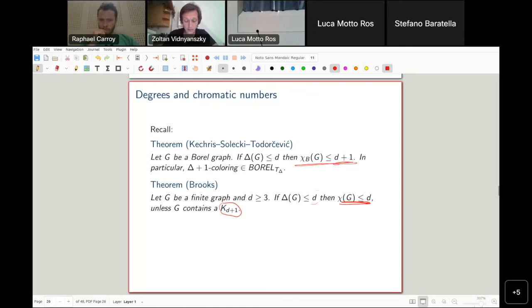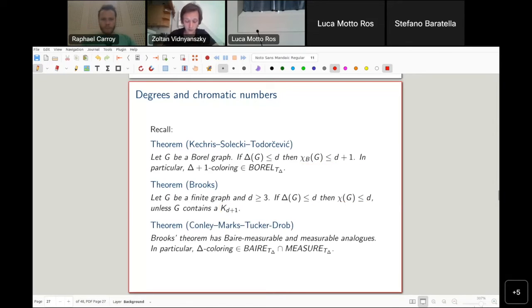And it was an open question whether there is an analog of Brooks' theorem in the Borel context. Conley, Marks, and Tucker-Drob proved that if instead of Borel we consider Baire measurable or measurable with respect to any Borel probability measure, then the answer is positive.